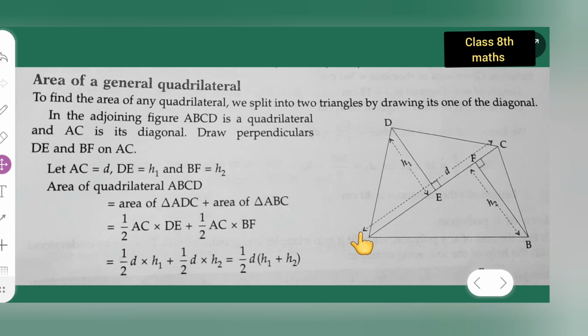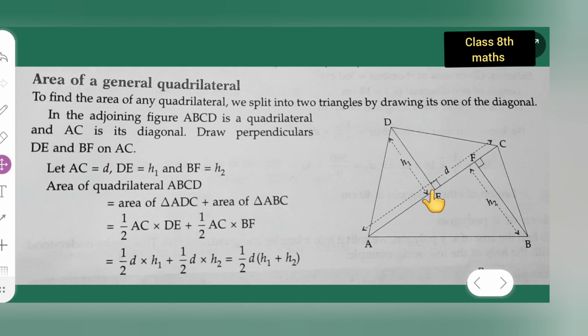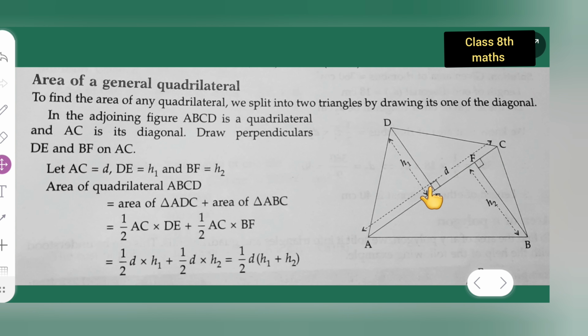Triangle ADC will be half of AC into DE, plus triangle ABC, which will be half of AC into BF. Now you will have to take this half of AC common.